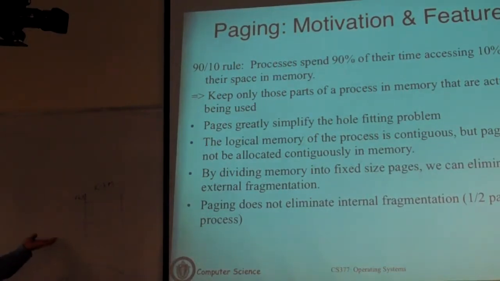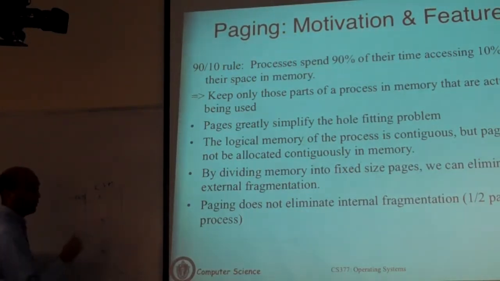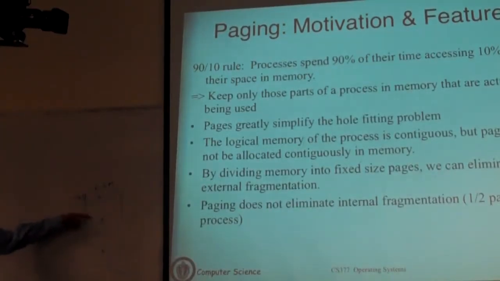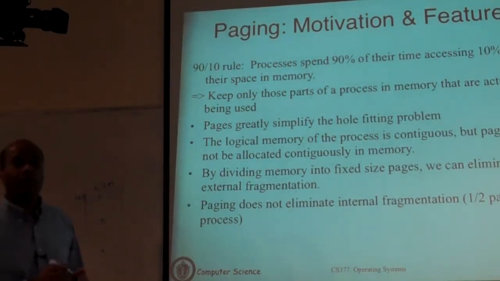And the second thing is you are no longer required to allocate page frames sequentially. So you can have page 1 of the process here, here, and here. If A has 3 pages, you can allocate this frame, this frame. So A is no longer contiguous in memory. In dynamic relocation, A was all in one location.